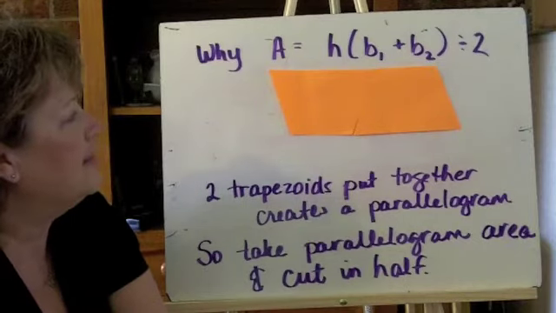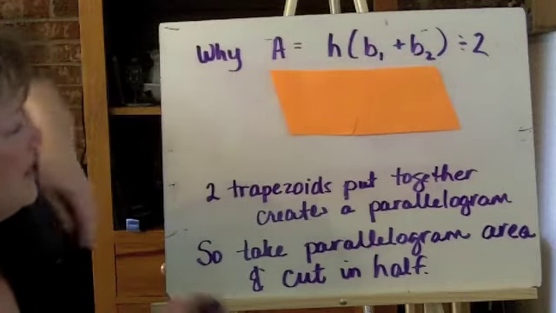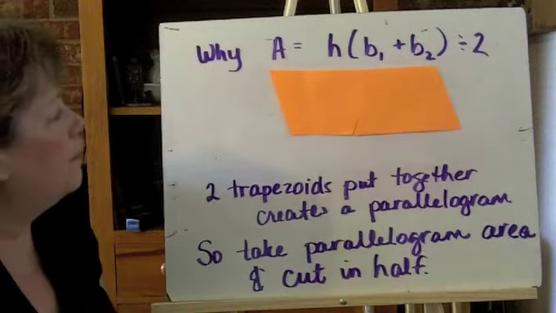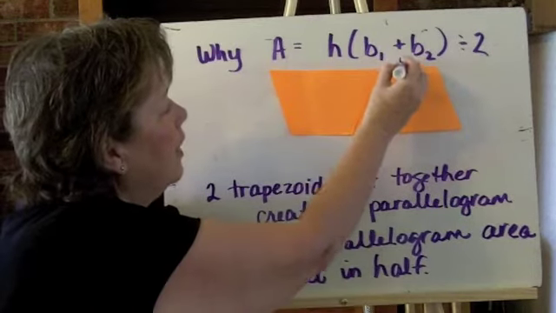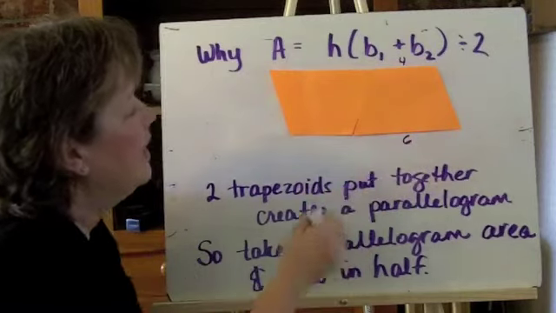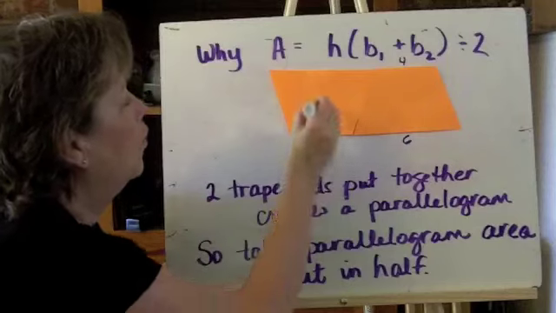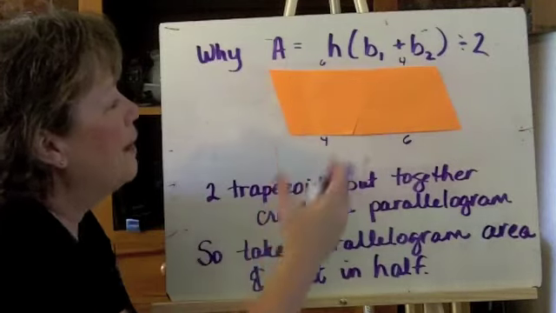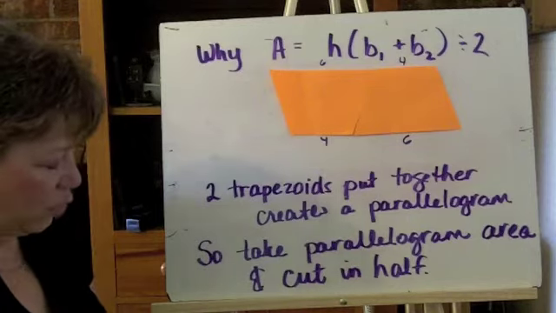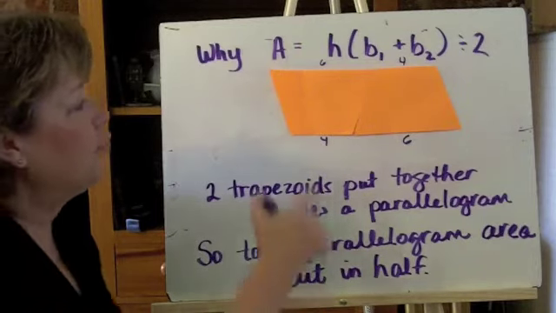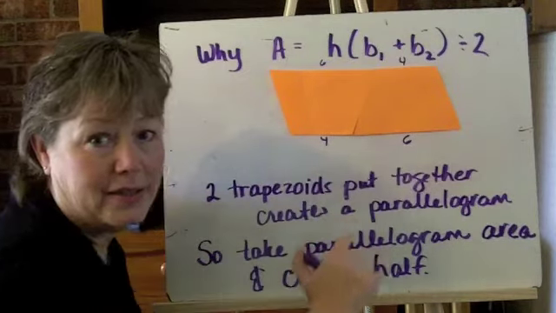And the other reason that it's a little bit different is because in this parallelogram, let's say for example, my base up here was 4 and my base down here was 6, then that means the base here, because these are the very same, is 4 and it's 6. So I'm adding those bases together to get one long continuous. If this were the parallelogram, my base would simply be 10.